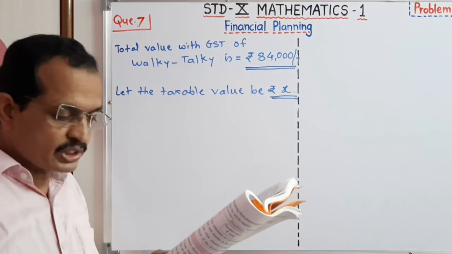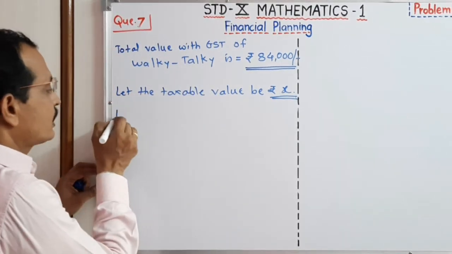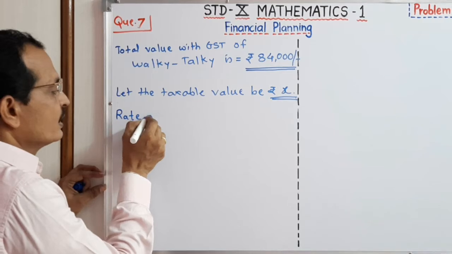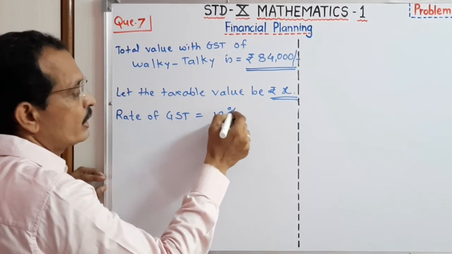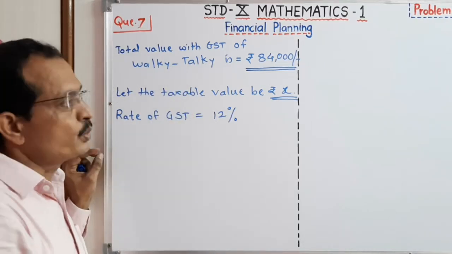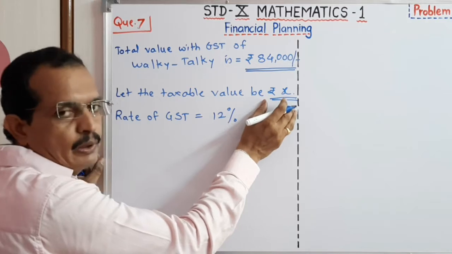Now the rate of GST is given and it is 12%. Now see here, this 12% GST is on the taxable value.